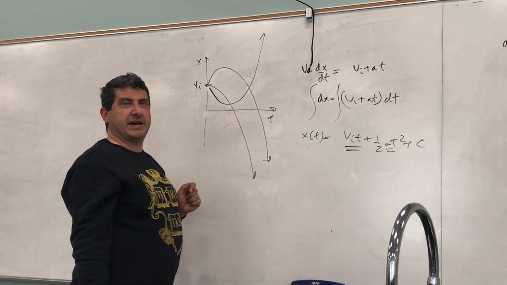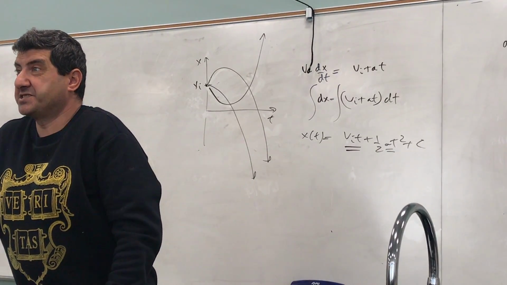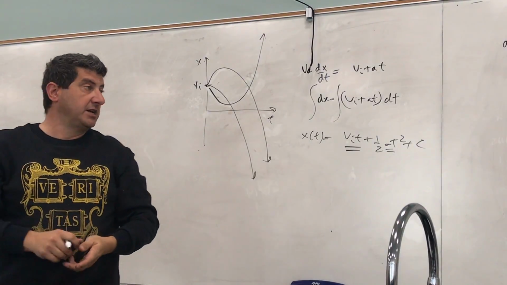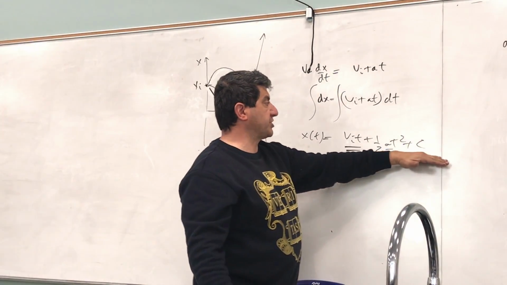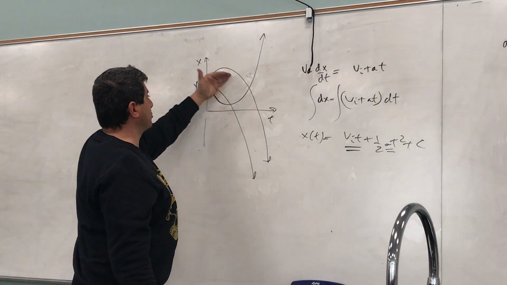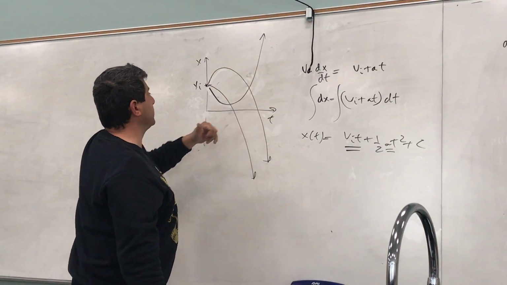It's the mathematical equivalent of saying you have many different kinds of parabolas: upward opening parabola, downward opening parabola. So all of these equations are parabolas, and it just depends what's happening in the problem, whether it's upward opening or downward opening.